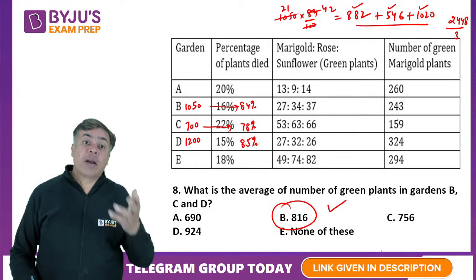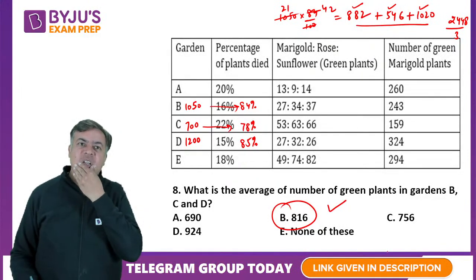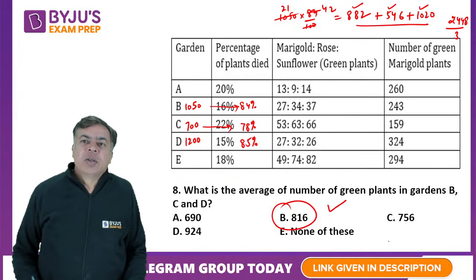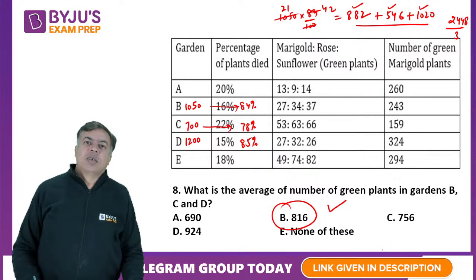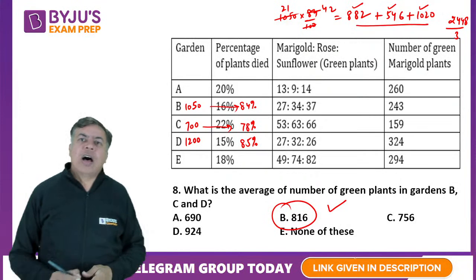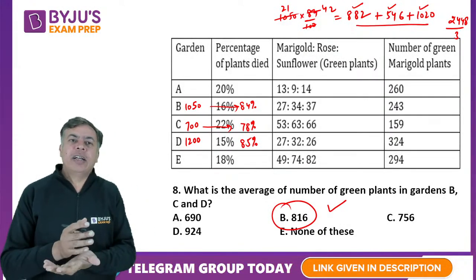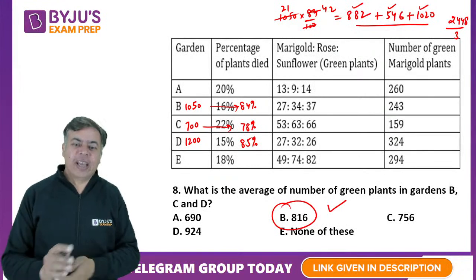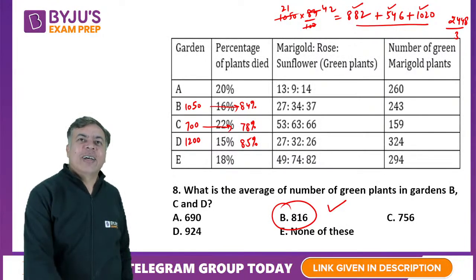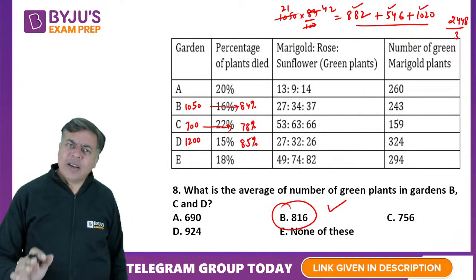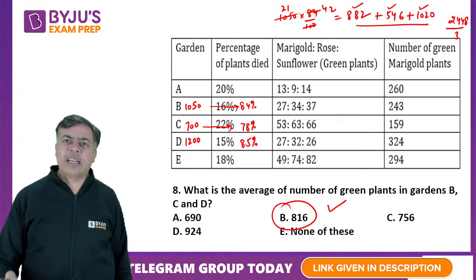That is if I am talking about the green plants. So a bit of calculation, if you are not comfortable with tables, you can feel that. Otherwise, let's move to the next one.